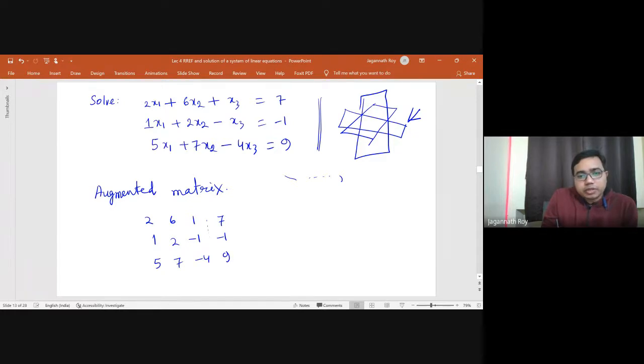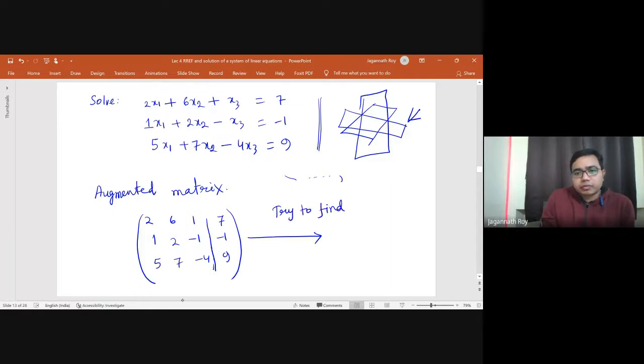You can put a dotted line or just a solid line. Okay. Now we will try to find out the REF.